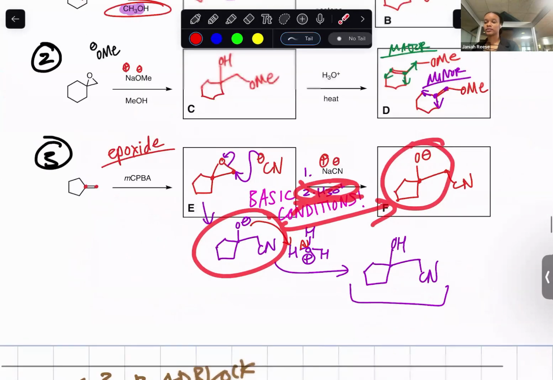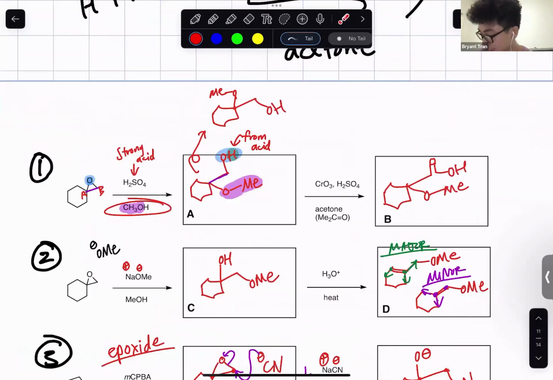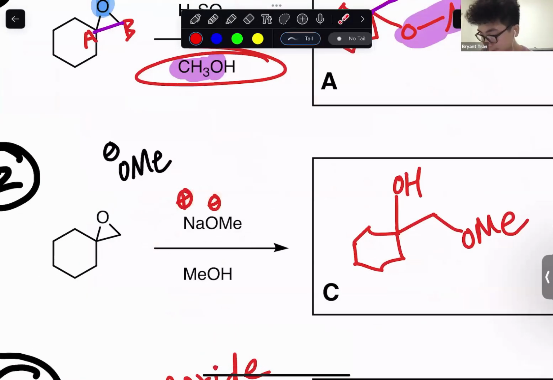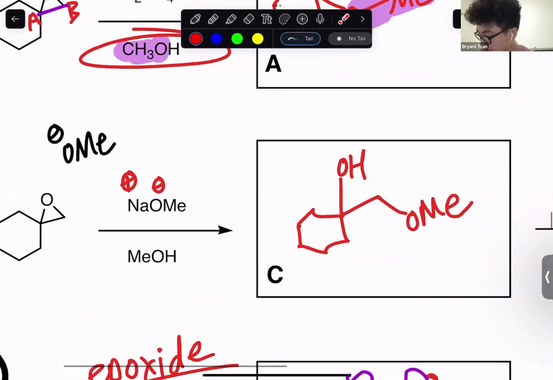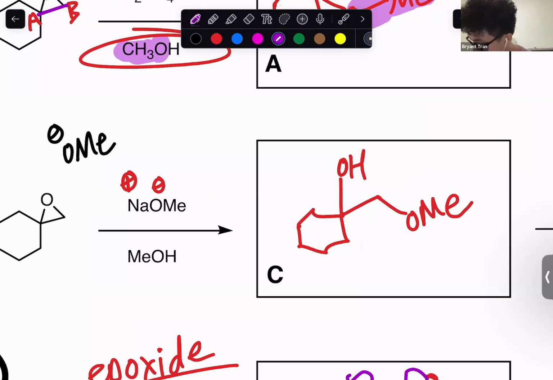Okay. And if you look at the previous example here, you know how we were in basic conditions right here? He didn't put an acid workup. There's no second step H3O plus. The reason why it's neutral here is because the proton source is not H3O plus, but the proton source is going to be this methanol right there.